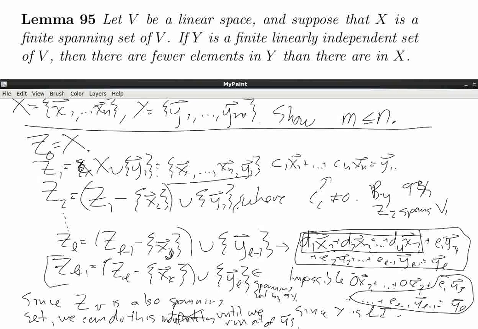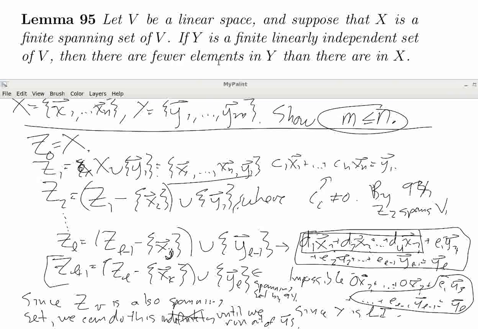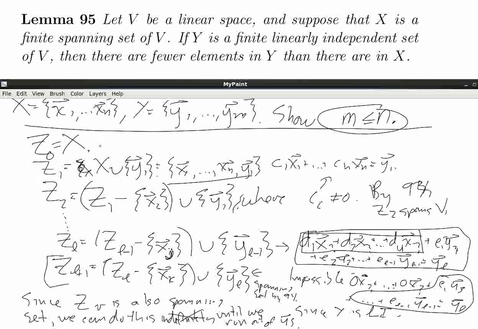But what happens in each step is I replace an x with a y. If for every y I can replace an x, that tells me that there are at least as many x's as y's. It might be that there are exactly as many, which is why this is not accurate. It should be fewer than or equal to.